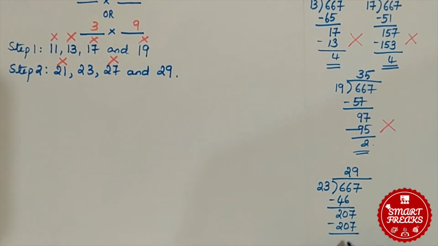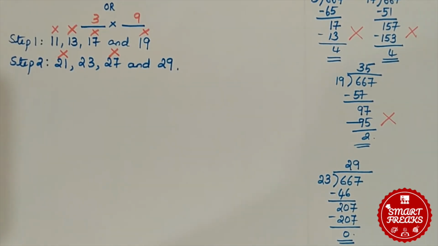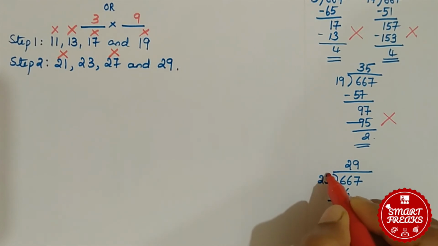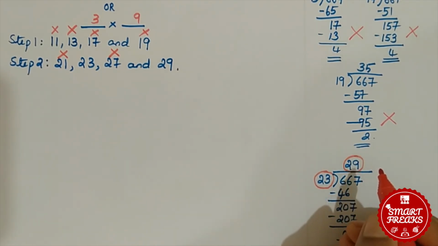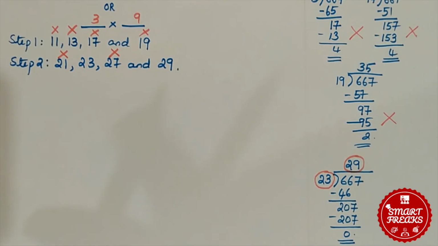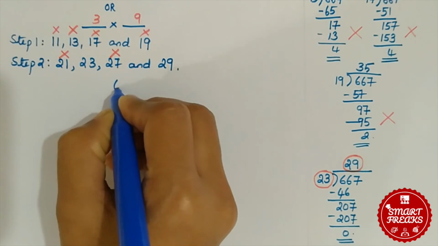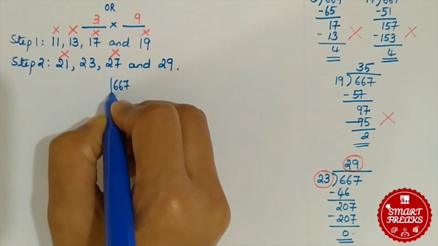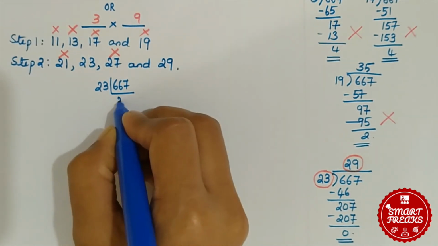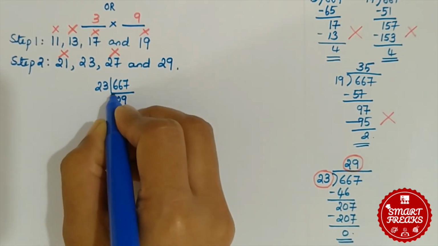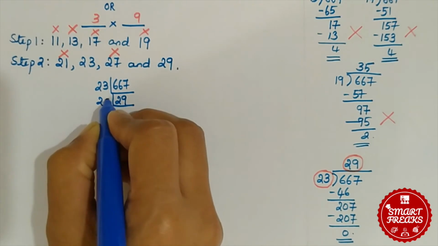Subtract, we get a remainder 0. Therefore, 23 is a prime factor of 667. So let us do the prime factorization of 667 now. That is 667. 23 times 29 gives 667. 29 ones are 29.